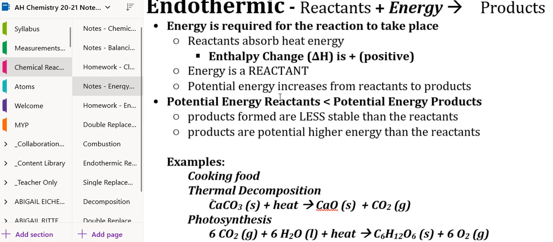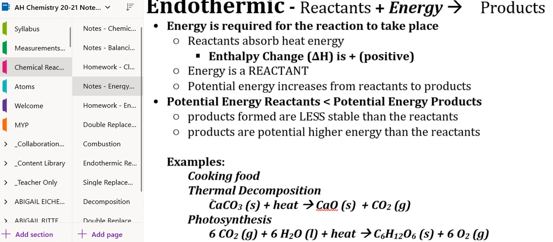And we're going to look at a graph of this that will help make more sense of it. But the potential energy of the reactants is going to be lower than the potential energy of the products. And when we talk about stability, from potential energy, we can talk about stability. The lower the potential energy, the more stable. So who's going to be more stable, the reactants or products?